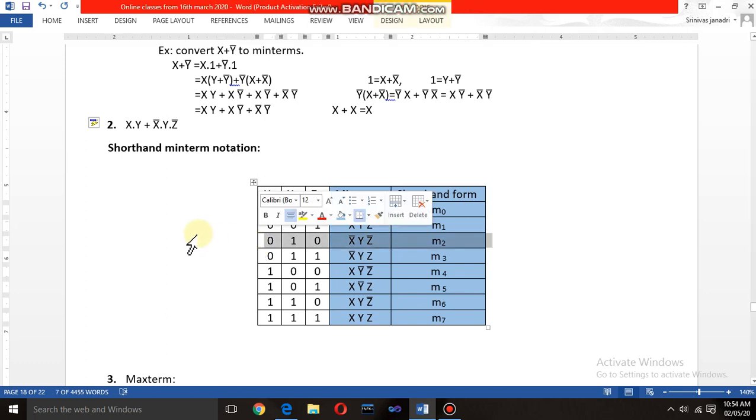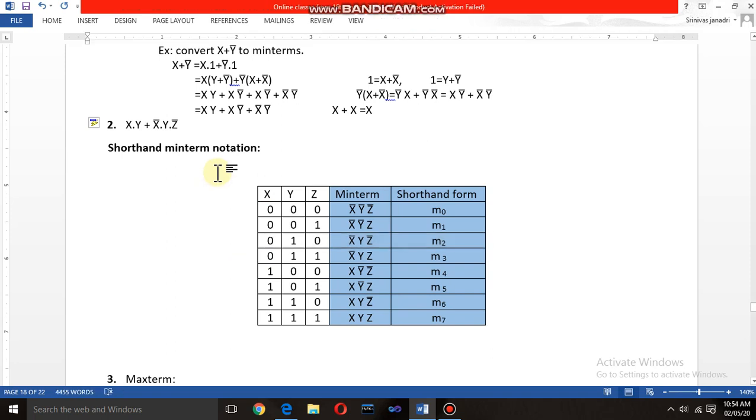So in general I have given you the table related to the three literals system, that is x, y and z. This is the representation of the min terms, where 0 is represented as x complement, 0 as y complement, 0 as z complement, and this is the shortened form.